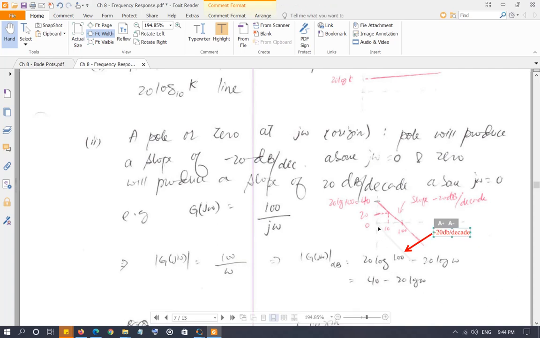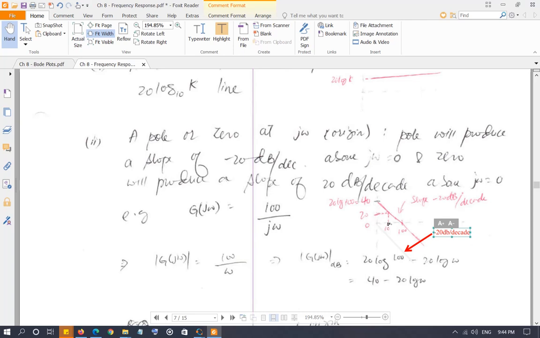Alright, so this line is corresponding to this. Now you're going to add these two lines, the 40 decibel line, which is corresponding to this right here, and this line, negative 20 decibel per decade. At frequency 1 radian per second, you have 40 plus 0, so the value is 40.